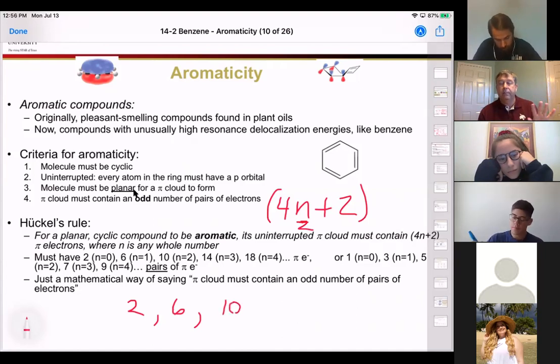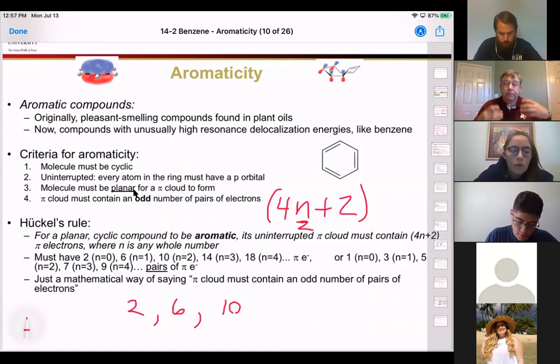That's 5 pairs of electrons. Okay, so it's always odd numbers of pairs of electrons. So the numbers we're looking for in the electrons we're looking at are 2, 6, 10, 14 and 18. Again, as we get to multiple rings, we'll start to see those numbers get higher and higher, okay? So this is just a way of accounting for the idea that we're gonna have 2, 6, 10, 14 electrons, and we're gonna look for that system, okay?